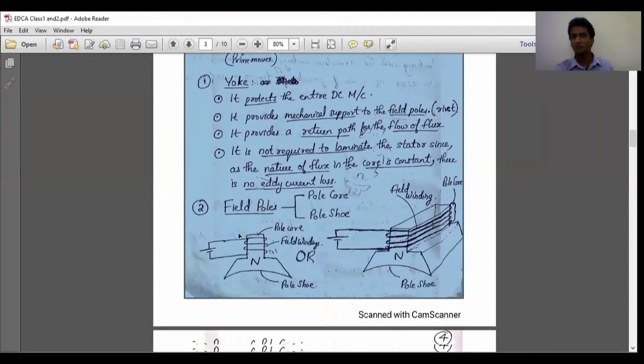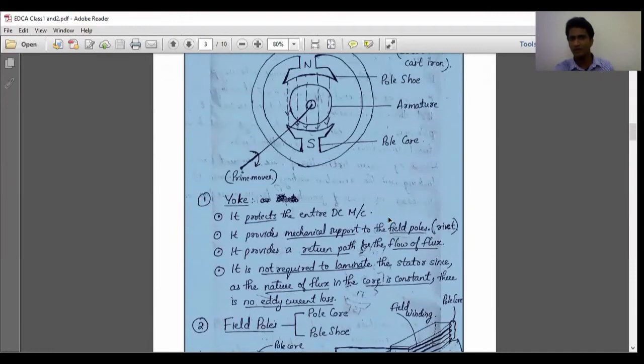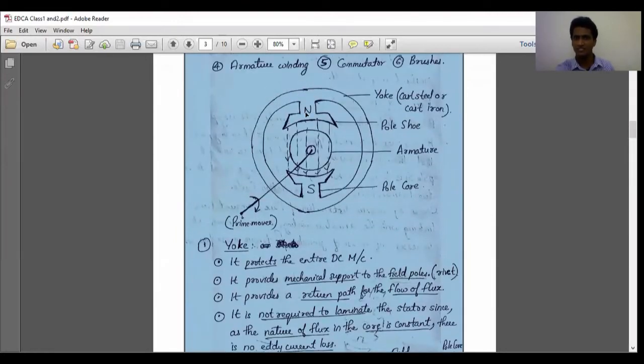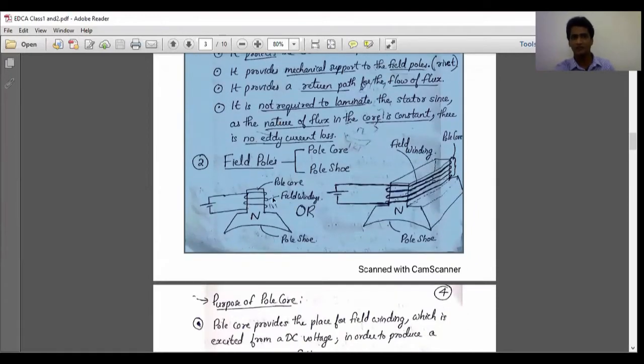And field poles. Simply saying, from this figure itself, it is known it is the shape of the pole core in which field windings are wound. I am taking a separate figure of the field poles. This is the pole core, and this is the pole shoe, in which the field winding is placed in the pole core and DC supply is given, and it is the symbol representation.